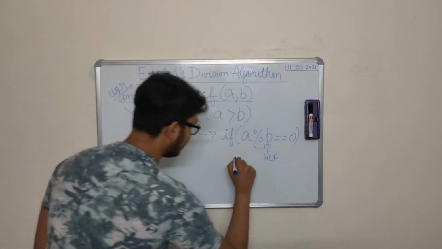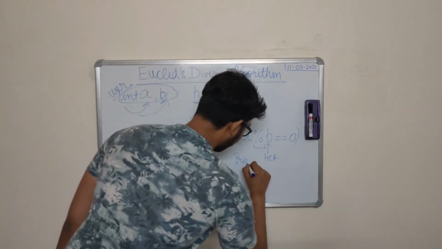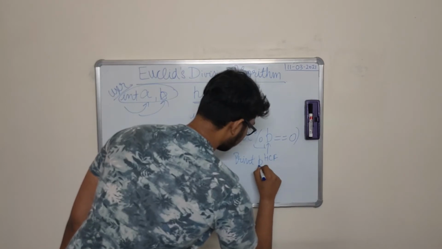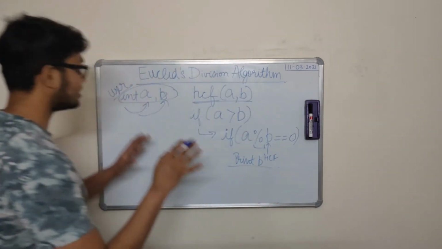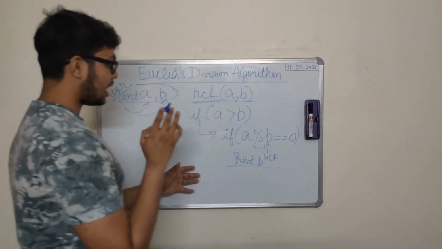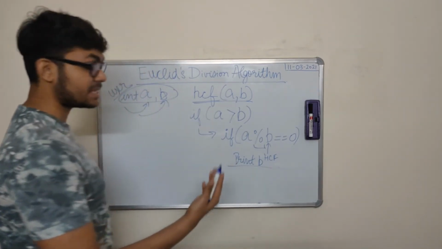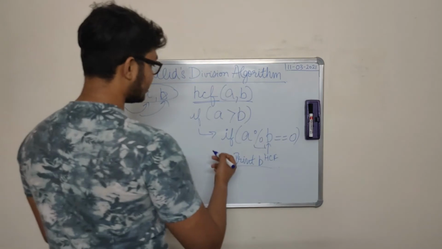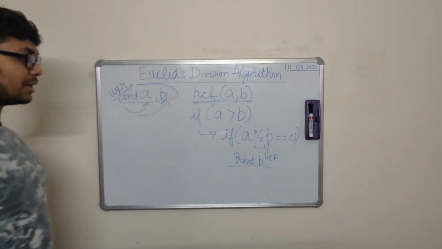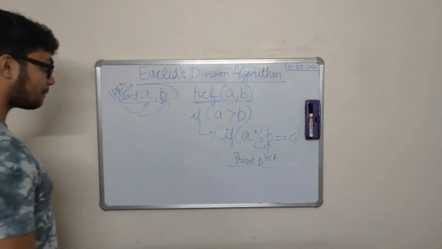So we can simply print B. This is just pseudo code. I am not following any specific language over here. It's just a representation of the algorithm in pseudo code form.